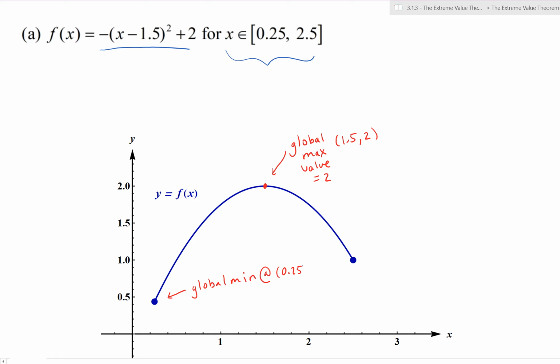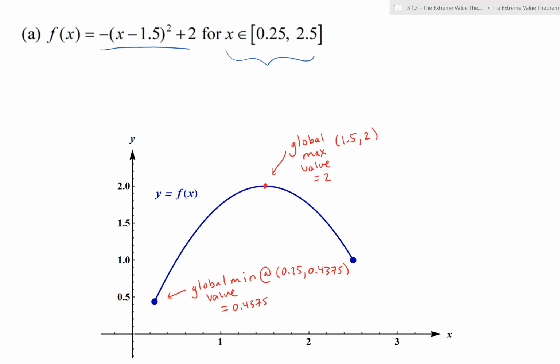And if you were to plug that 0.25 into the function and evaluate, you would get 0.4375. So in fact, the minimum value, global min value here, is equal to 0.4375.